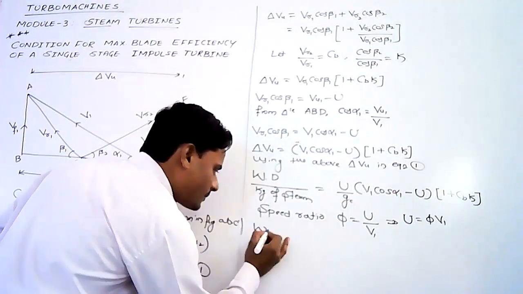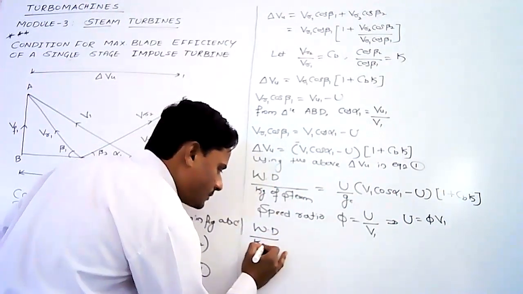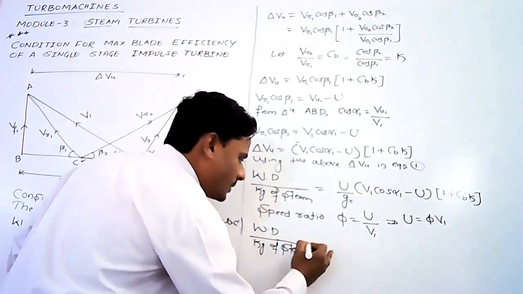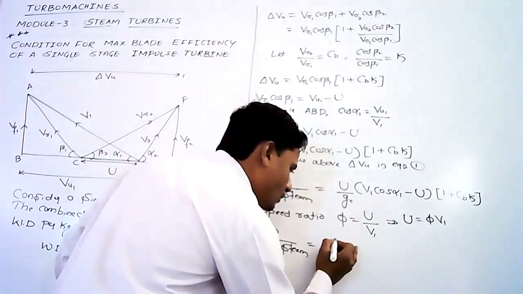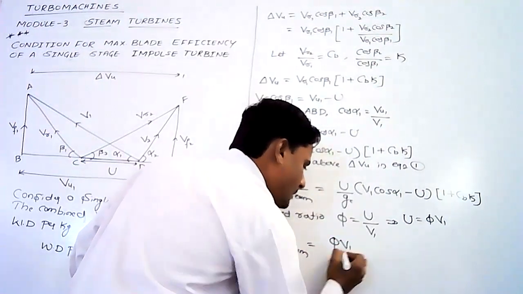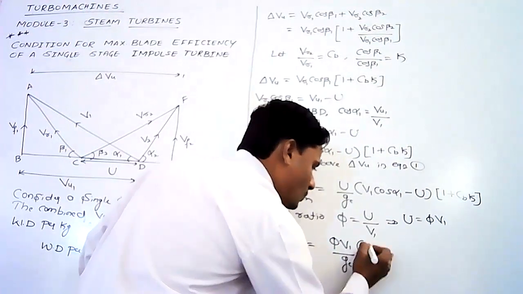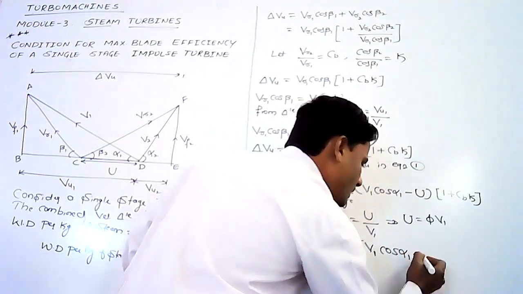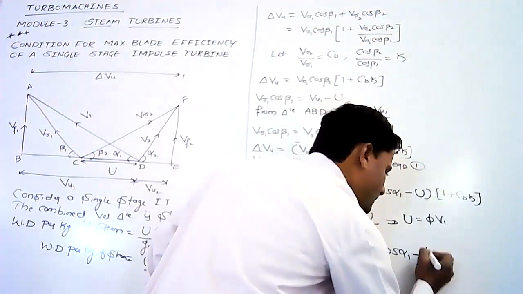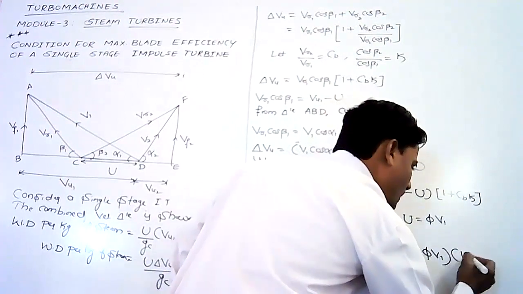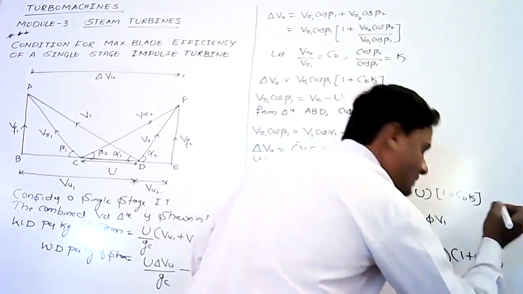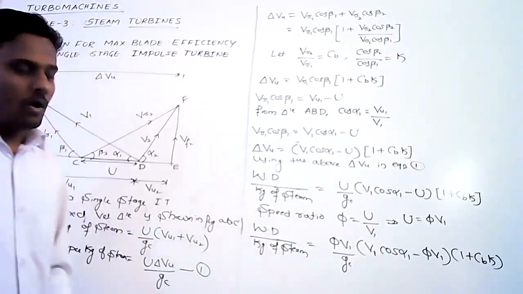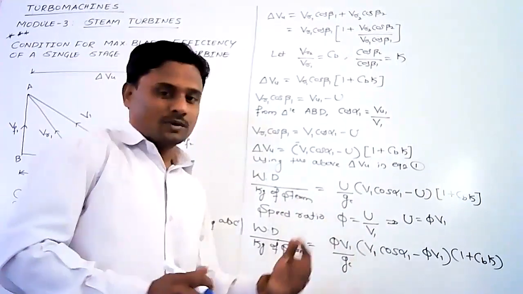So work done per kg of steam can be written as phi into V1 by Gc into V1 cos alpha into (1 minus phi) into (1 plus Cb into K). Let us take V1 outside the bracket.